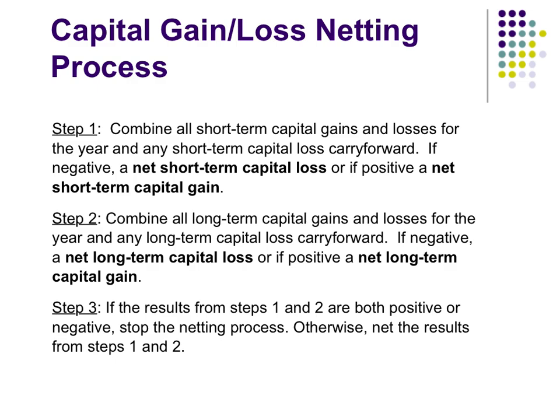All right, so this slide and the next slide outline the capital gain and loss netting process, directly out of your textbook. You've got these steps. You're going to combine all of your short-term capital losses and capital gains, including any carry forward.